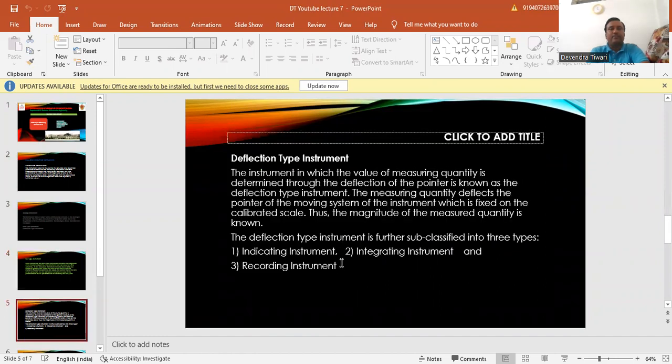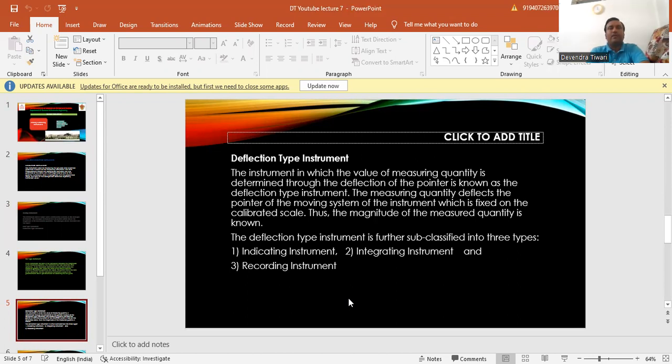Next slide. Deflection type instrument. The instrument in which the value of the measuring quantity is determined through the deflection of the pointer is known as the deflection type instrument. The measuring quantity deflects the pointer of the moving system of the instrument, which is fixed on the calibrated scale. Thus, the magnitude of the measured quantity is known.